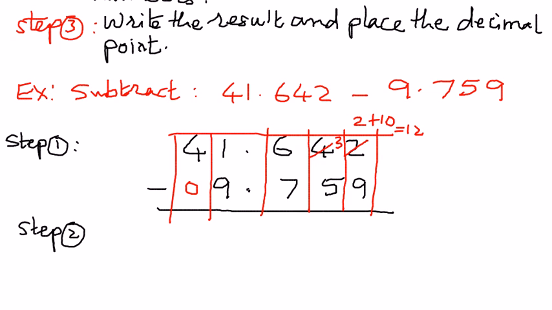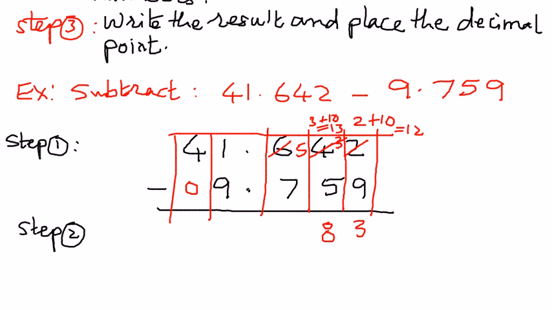Therefore 12 minus 9 is going to be equal to 3. Now again 3 is less than 5, so we're going to borrow from the next place value. So that becomes 5, and then we add 3 plus 10, and that is going to be equal to 13. 13 is larger than 5, so 13 minus 5 is 8.